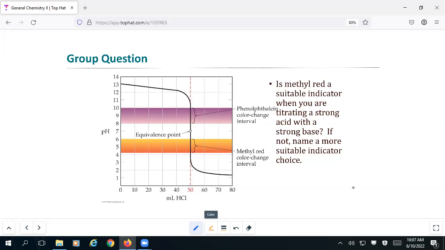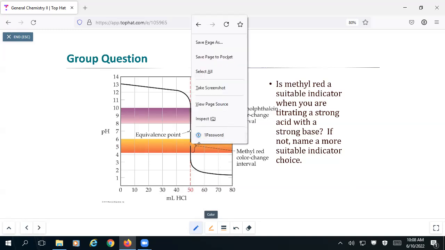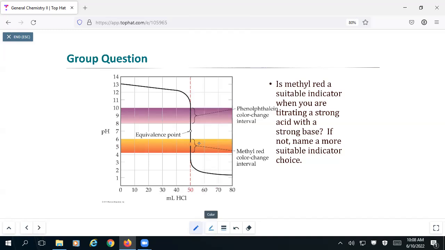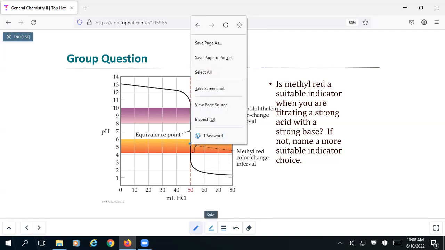The correct answer is yes. Now, why is it a good indicator here? Or why is it a suitable indicator? Well, we have to consider what the titration curve is showing here. We are talking about a transition that'll start to occur maybe right around here on the actual curve.